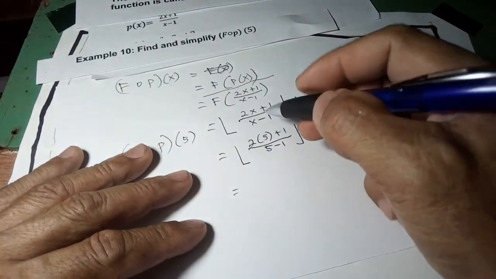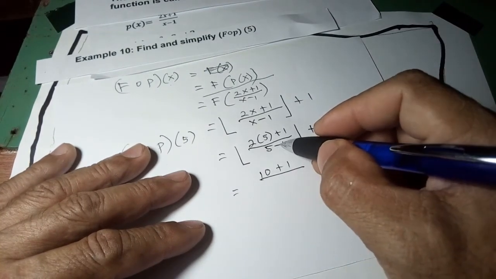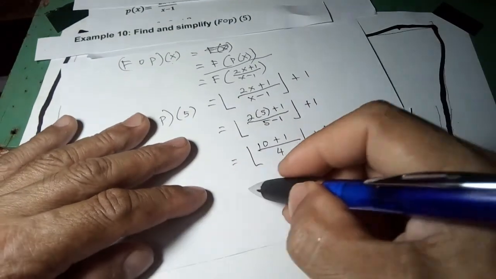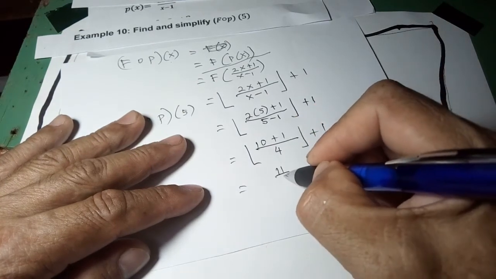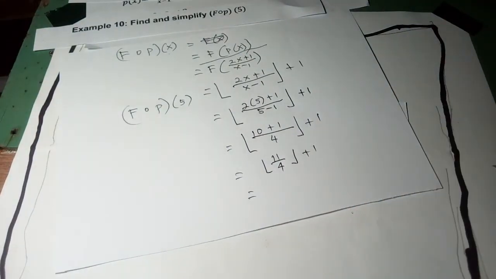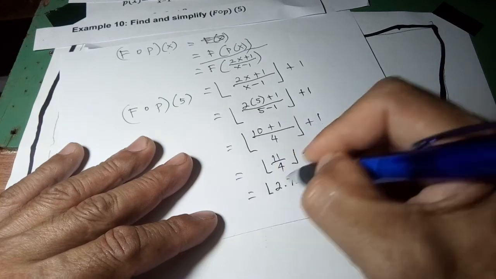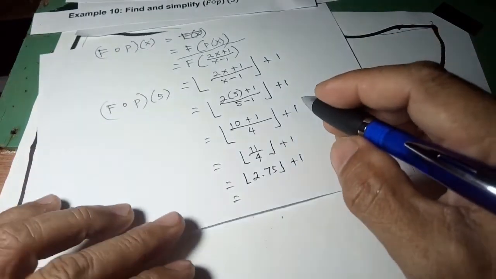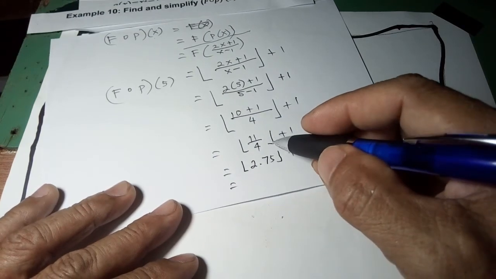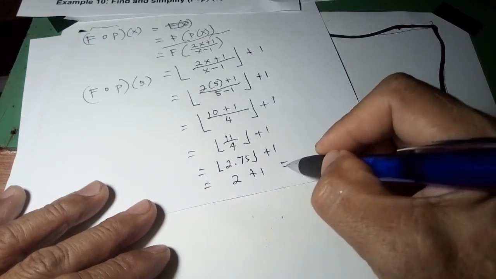So 2 times 5 is 10, plus 1, over 5 minus 1 is 4, plus 1. 10 plus 1 is 11, divided by 4. 11 divided by 4 is equal to 2.75, plus 1. Okay, the greatest integer equal to or less than 2.75 is 2. So 2 plus 1, so the result is 3.